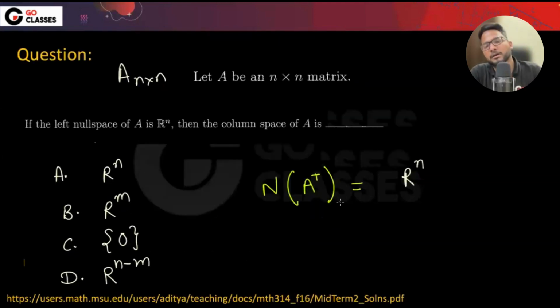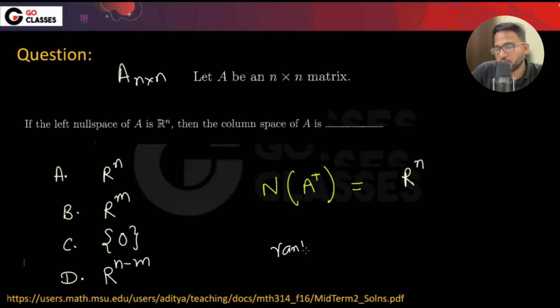Now you tell me, if the null space of A transpose is Rn, what can you say about the rank of A transpose or the rank of A? The dimension of this null space, the nullity, is n. Because rank plus nullity must be n, the rank of A transpose must be zero.